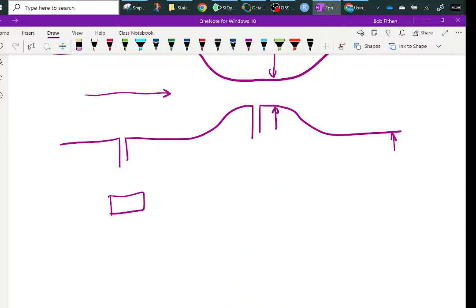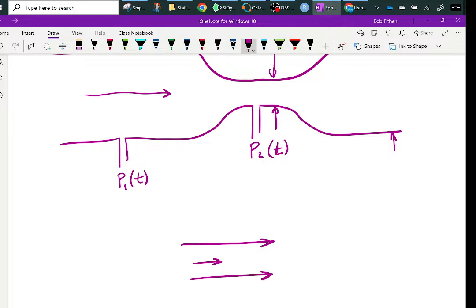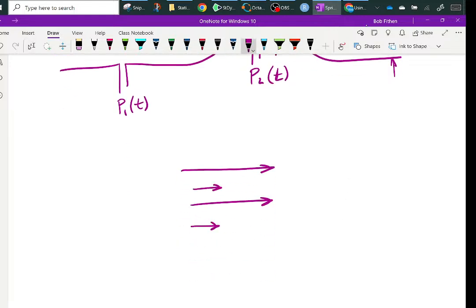Let's just say we have P1 and P2 as a function of time because mine's going to be unsteady. So I'm basically having flow rate, lower flow rate, faster flow rate. I should be getting a flow rate that is at a basic level and then goes fast, slow, and fast and slow. That's what I'm looking for.